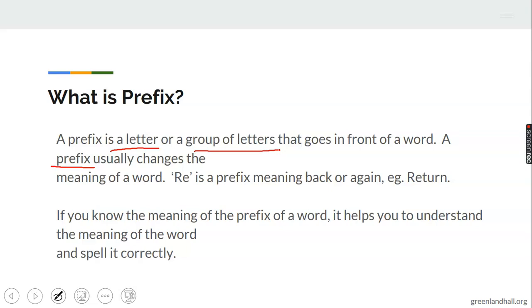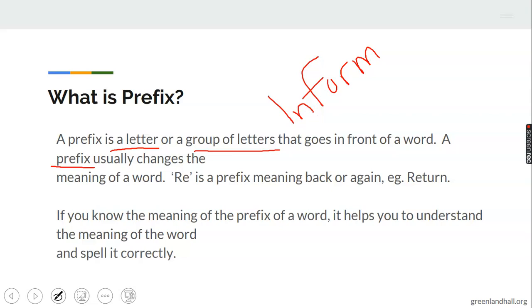For example, I'm so excited because the topic is quite interesting. Let's say we have the word form. Now, if I add a prefix to the front of this word, I add in, I've included in now.